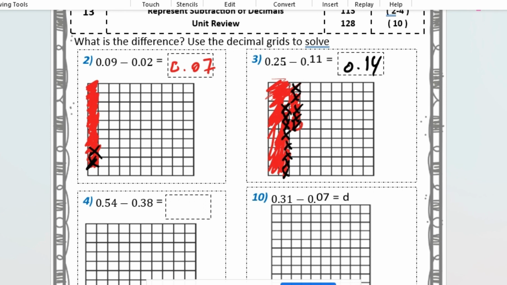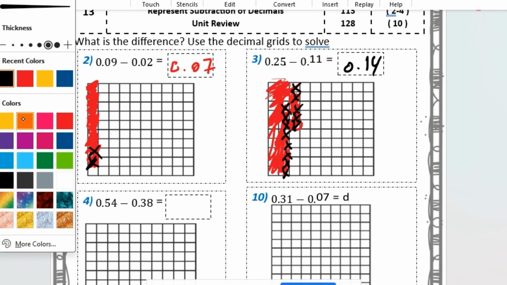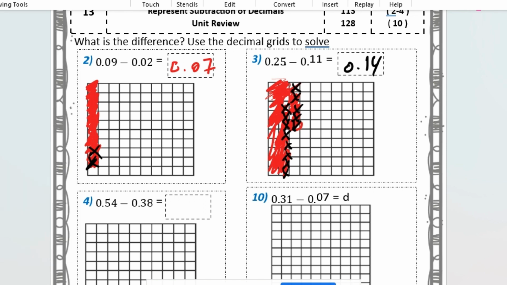You take away 11 squares, and the answer will be 14.